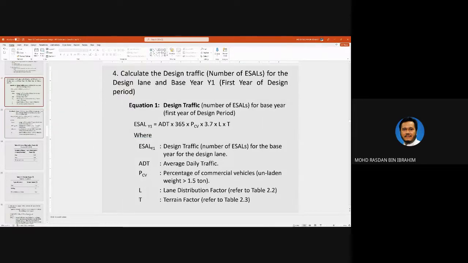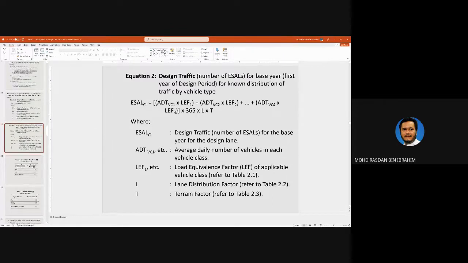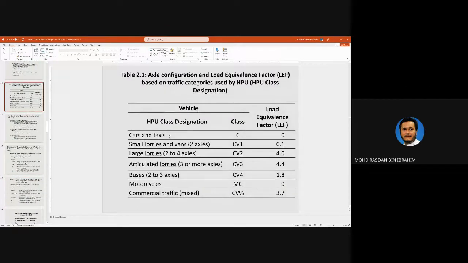Okay, for the second equation here, you actually have the percentage of different types of vehicles. You have the ADT for vehicle class 1, the ADT for vehicle class 2, ADT for vehicle class N lah, whatever class that you have. And for each vehicle class, you'll need to multiply the ADT by the load equivalent factor 1, 2, and N. So if you have, okay, how many small lorries do you have?